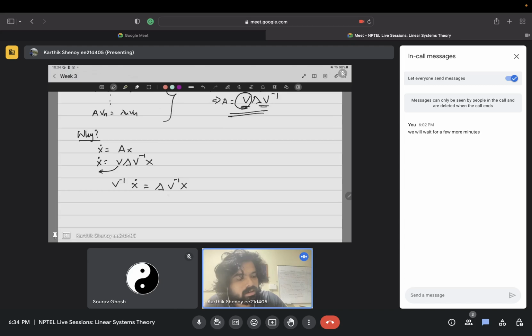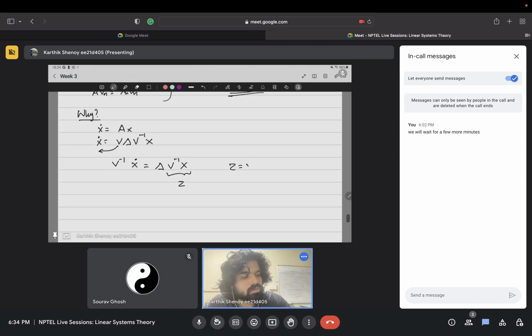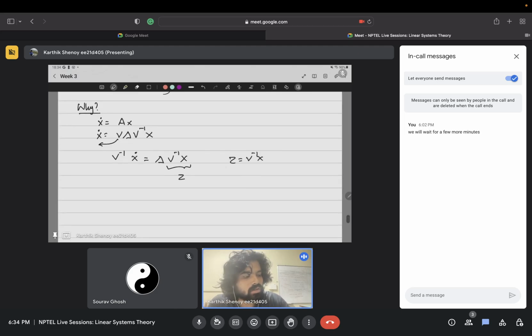Now I can write this as z. So I am writing z equal to V inverse x. I can take the z dot also. Z dot is nothing but V inverse x dot. So which implies z dot equals lambda z. So in these coordinates, my system is now diagonal.